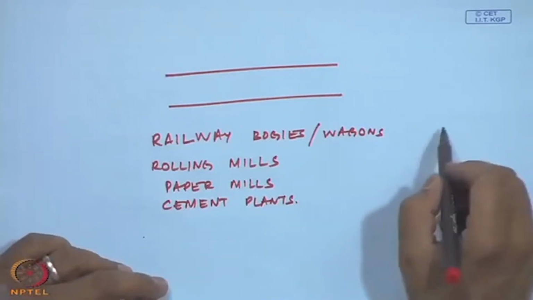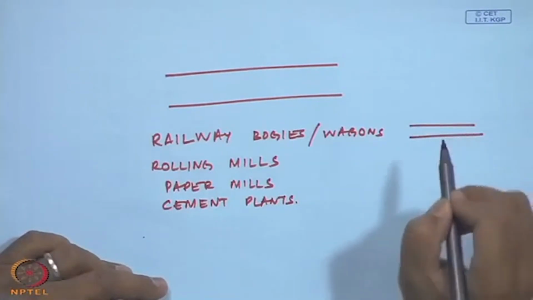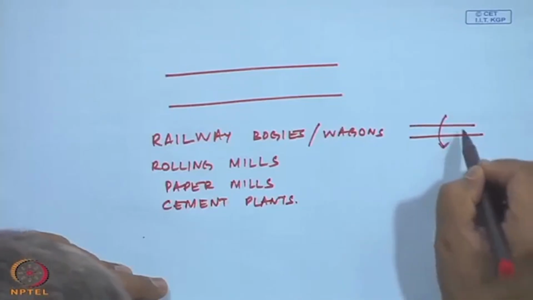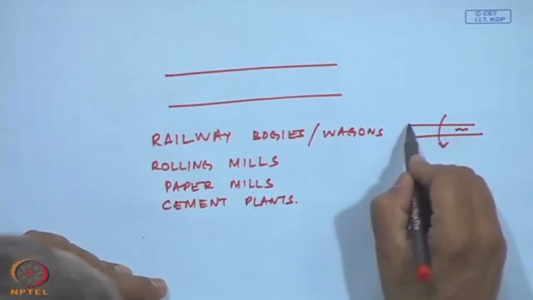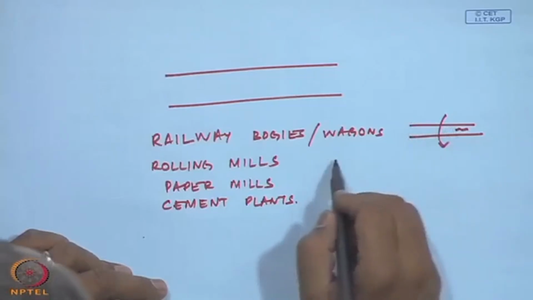Here we have an axle of the train which is rotating. If the crack is inside, it will have the consequence that the structure is going to weaken, it will fail.